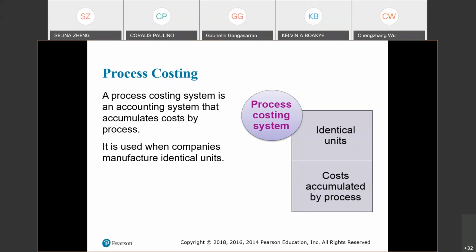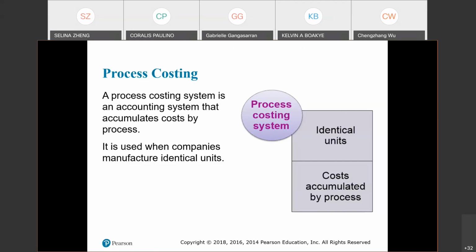Both job order and process costing systems use a 4-step method to track the product cost. These 4 steps are the 4 A's that you want to remember. First, accumulate. Second, assign.